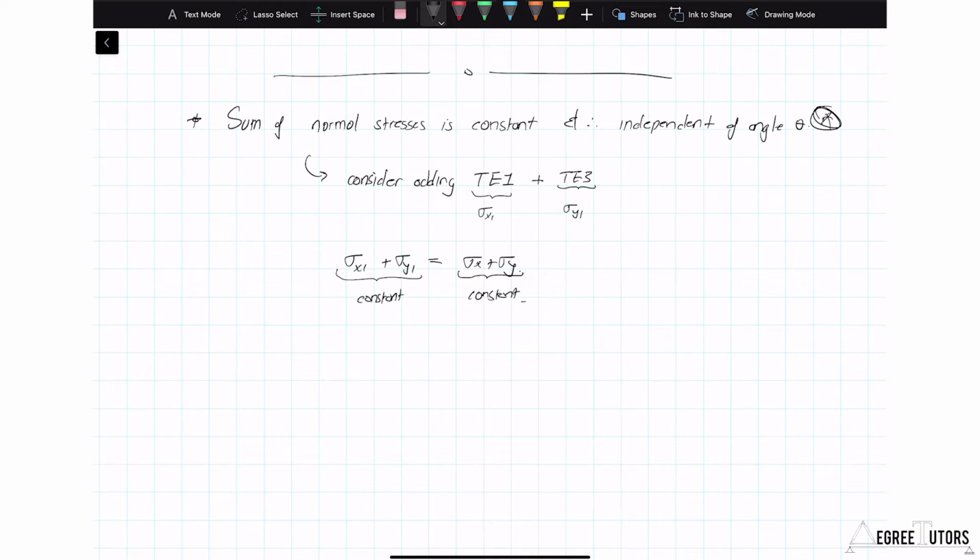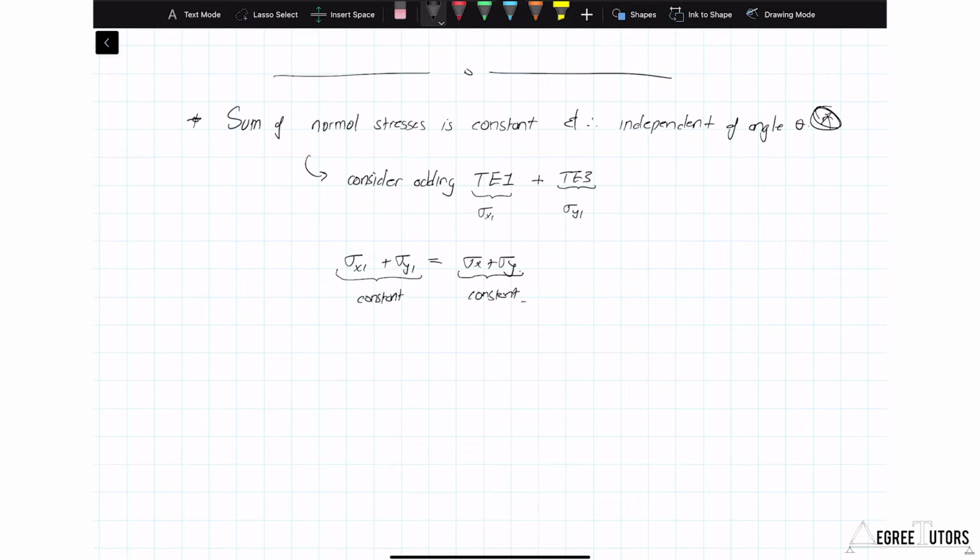All we're doing is rotating the set of axes against which we're observing the state of stress at that point. The simple analogy I like to use to describe this is a vector. You can imagine the state of stress at a point in our structure as a vector. And I can consider that vector as the sum of two orthogonal components. And those two orthogonal components are going to have different magnitudes depending on what set of axes I align them with.